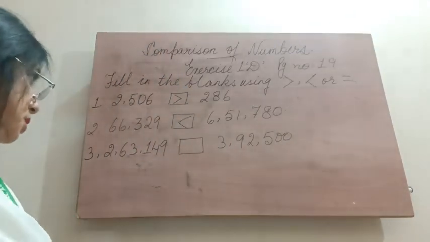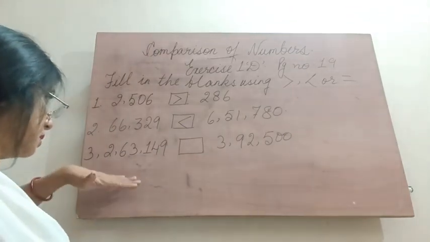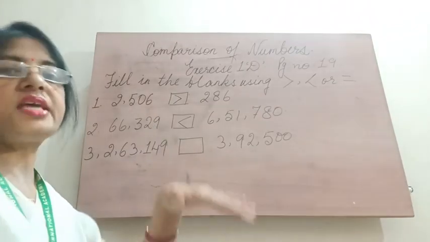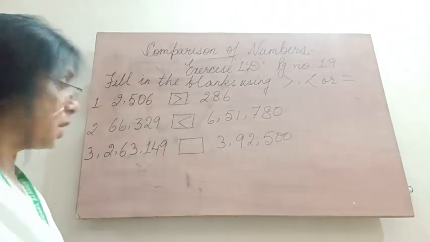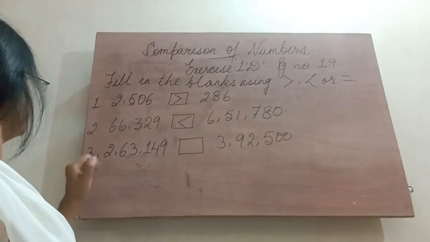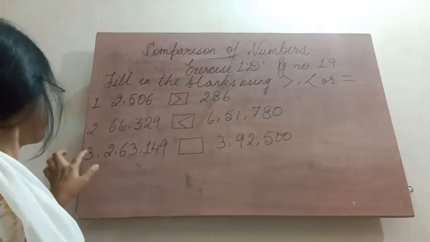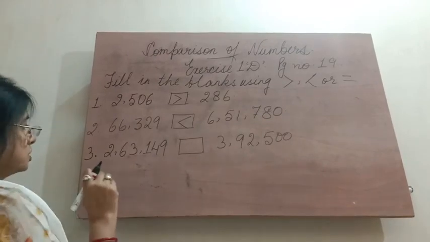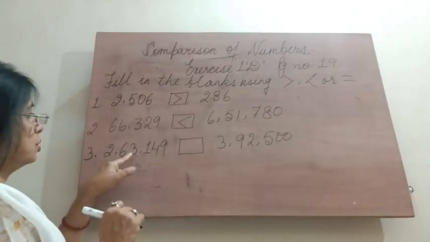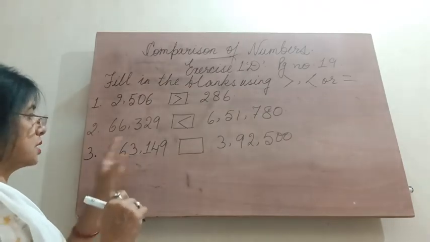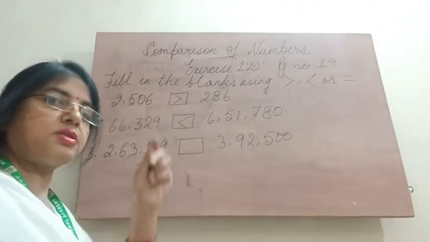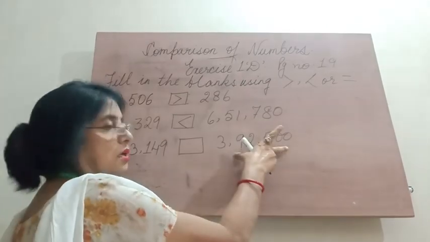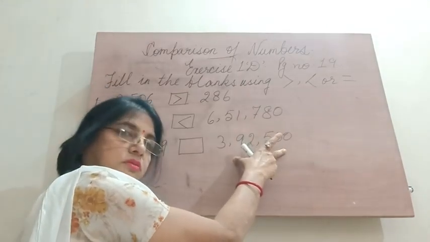In rule 2, what have we read? That both the numbers have the same number of digits. Clear to you? Now again we are going to count whether these two numbers have the same number of digits or not. So start counting. 1, 2, 3, 4, 5, 6. The first number has 6 digits, and the second number also has 6 digits.